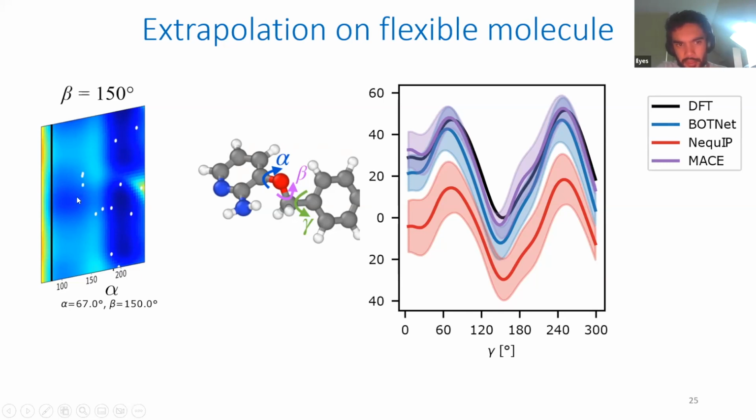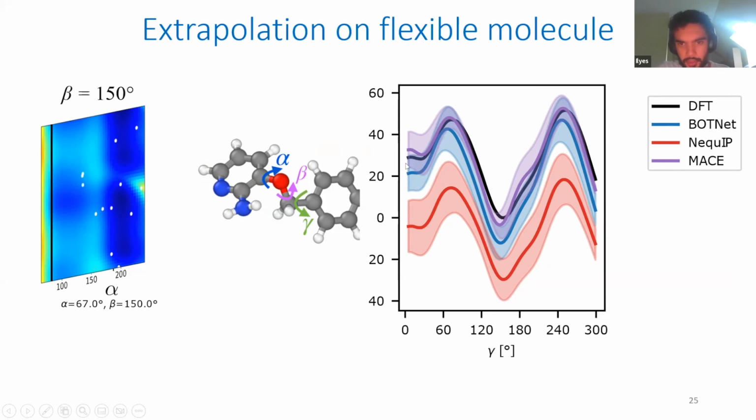You see near equilibrium at 300 K, and then this line here is a 1D cut of this surface, and it's also the black line here. Then we test MACE, and also other architectures, Equip and BOTNet, trained just on these white dots.